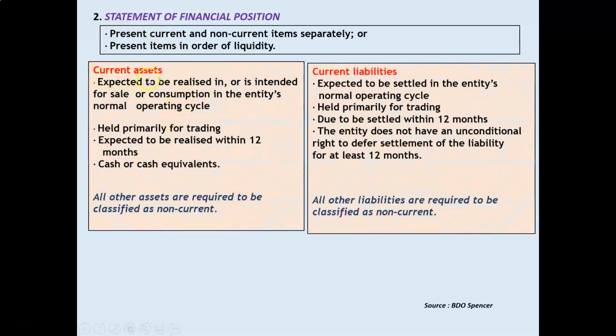Important that you know the definition of a current asset. A current asset is expected to be realized in or is intended for sale or consumption in the entity's normal operating cycle. Now, you should know what a normal operating cycle is as well. Normal operating cycle also differs from entity to entity.